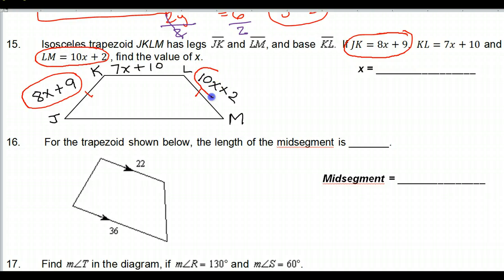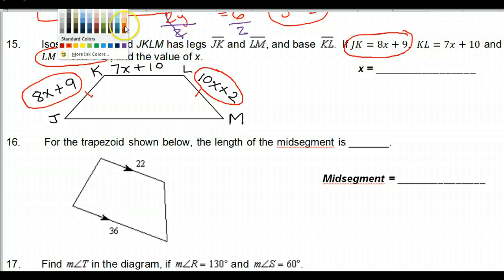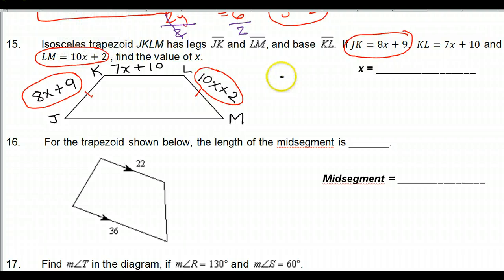The legs are congruent in an isosceles trapezoid. So 8x plus 9 must equal 10x plus 2. Plain and simple. So that's all there really is to it. 10x plus 2 must equal 8x plus 9.